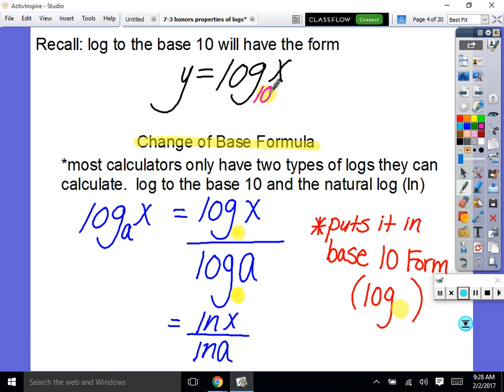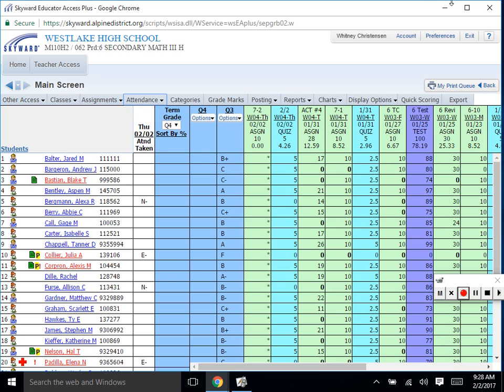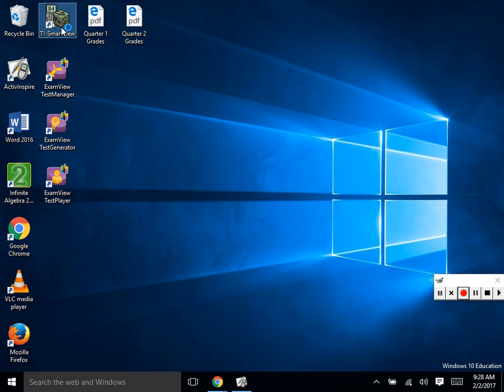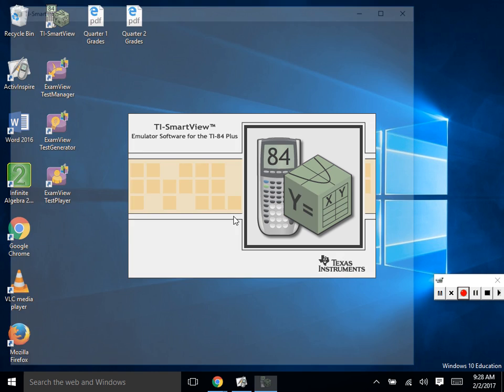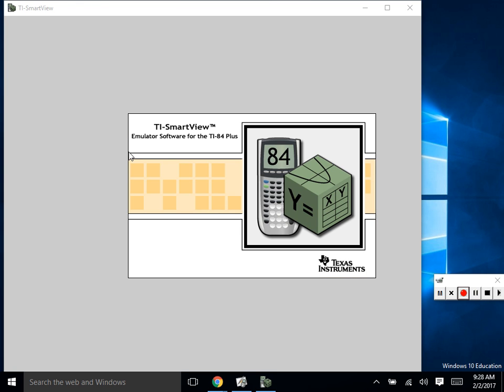So everybody pay attention. Most calculators, like for example my TI-83, have only 2 types of logarithms that they can actually calculate. So they have log to the base 10, so everybody pull up your calculator. Notice this calculator has, over here, log to the base 10.